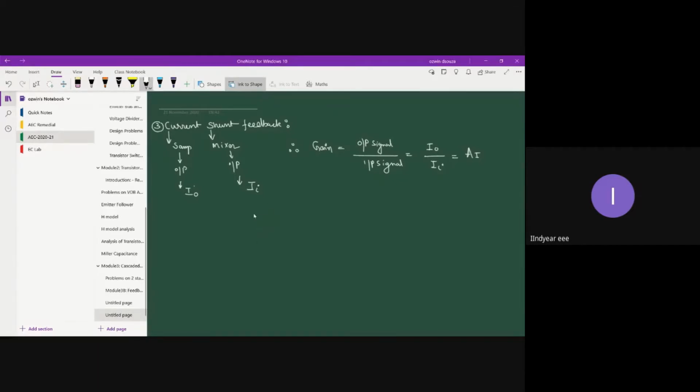All right. So let's draw the equivalent circuit of current amplifier.